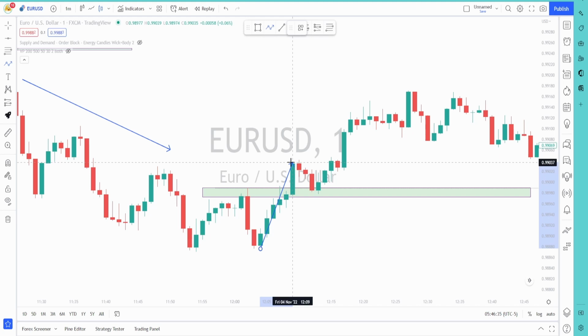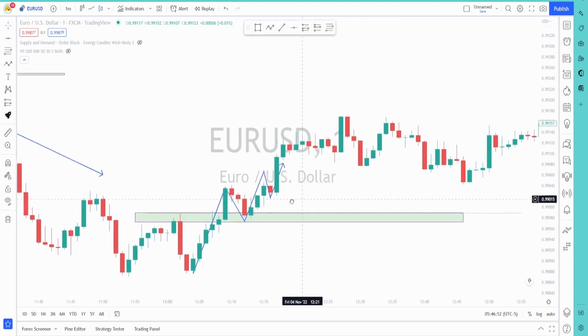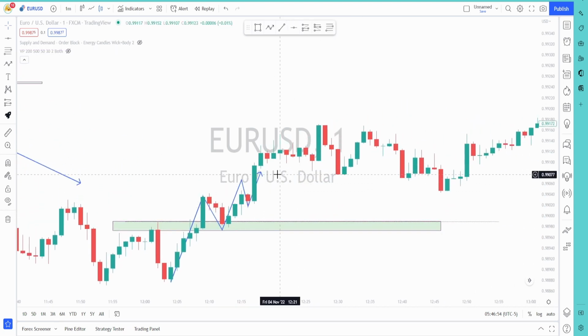So now we're paying attention to this. It comes down and tests the area. So this was a potential opportunity. Price comes up, small pullback, and then another candle, another bullish candle, indicating an opportunity for a trade.